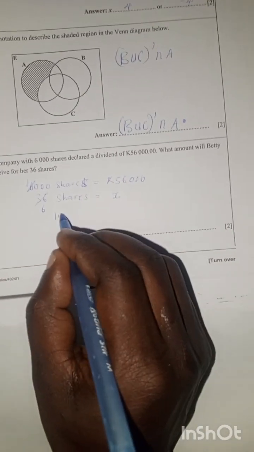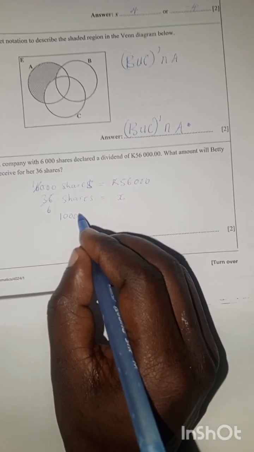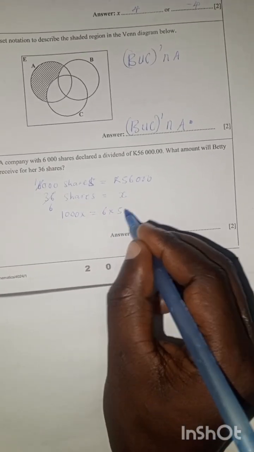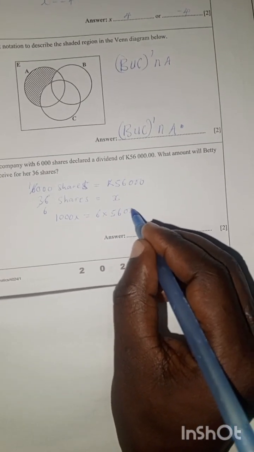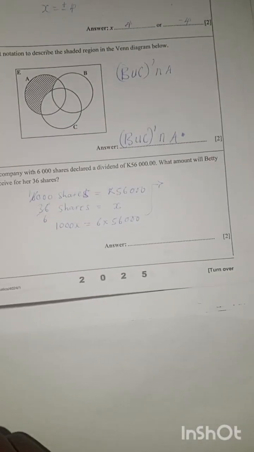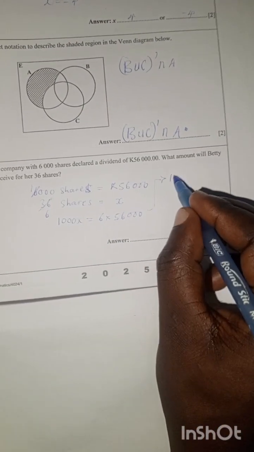This must now be easy: 1 times 1,000 times x gives you 1,000x, equal to 6 multiplied by 56,000 kwacha.